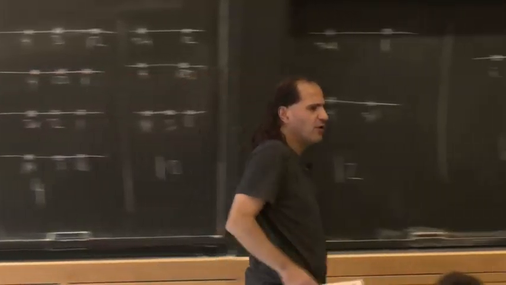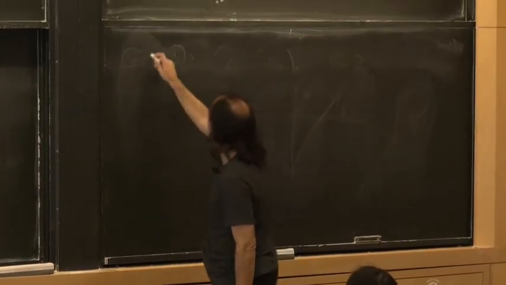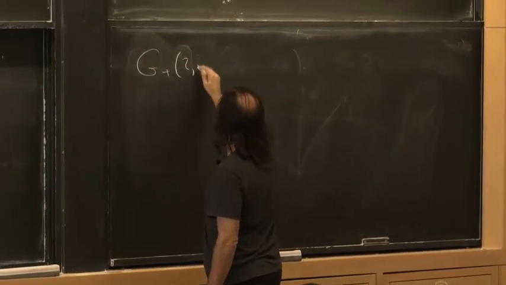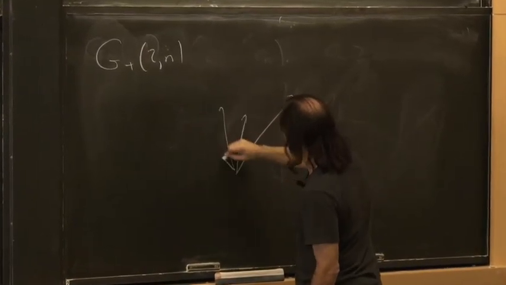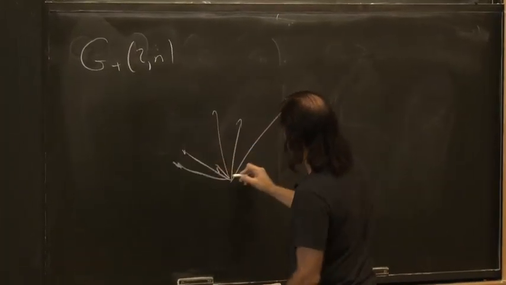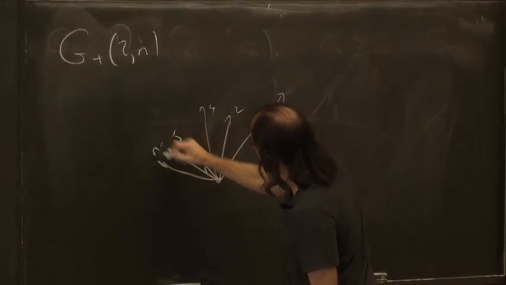So what does this look like for G2n? Just at the level of picture, it's exactly the same thing. It always looks like some configuration of vectors, but they end up being ordered in this interesting way.